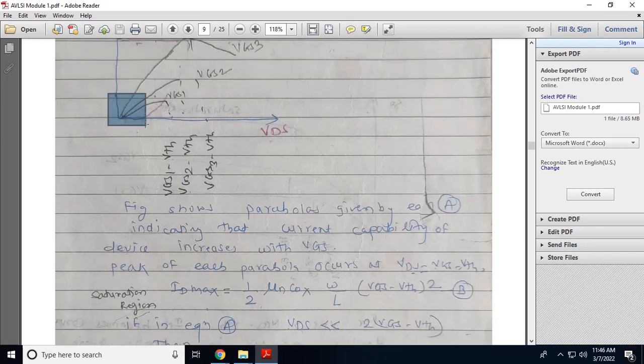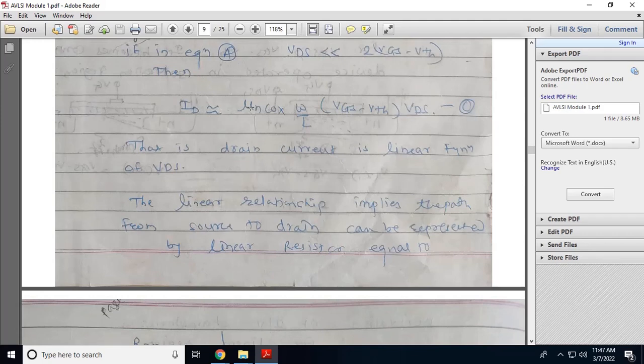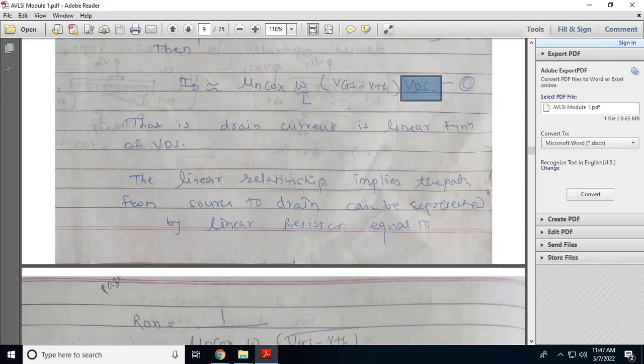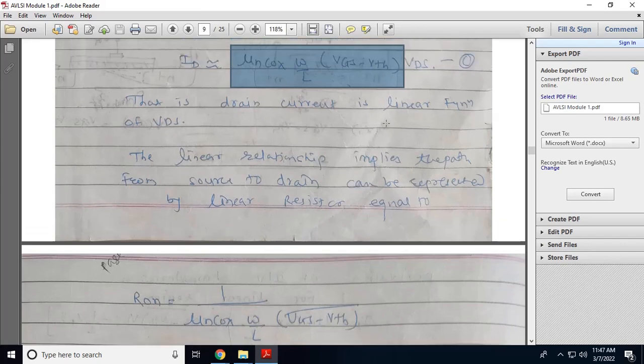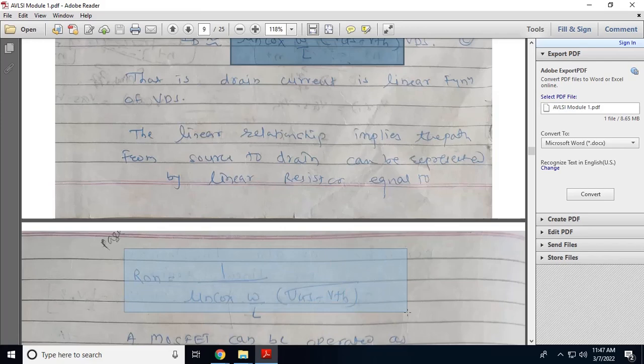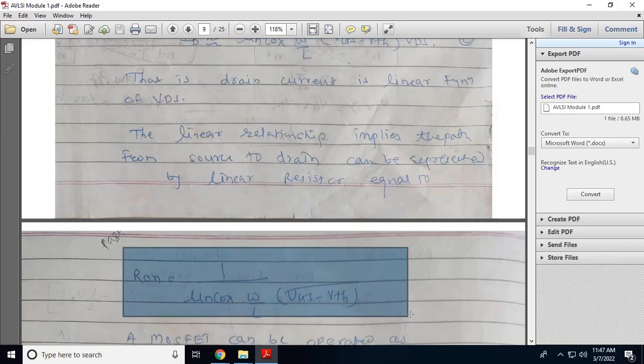In the deep triode region, the MOSFET acts as a resistor because drain current ID is a linear function of VDS, and that is given by VDS by ID is equal to 1 upon mu n COX W by L VGS minus VTH. So R on is equal to 1 upon mu n COX W by L VGS minus VTH.